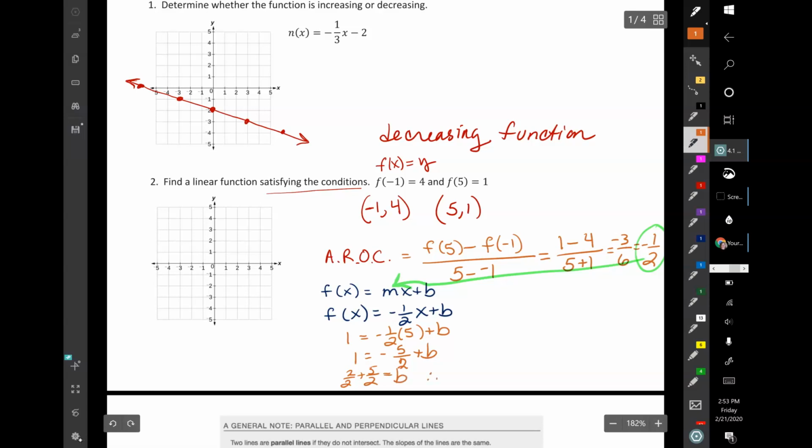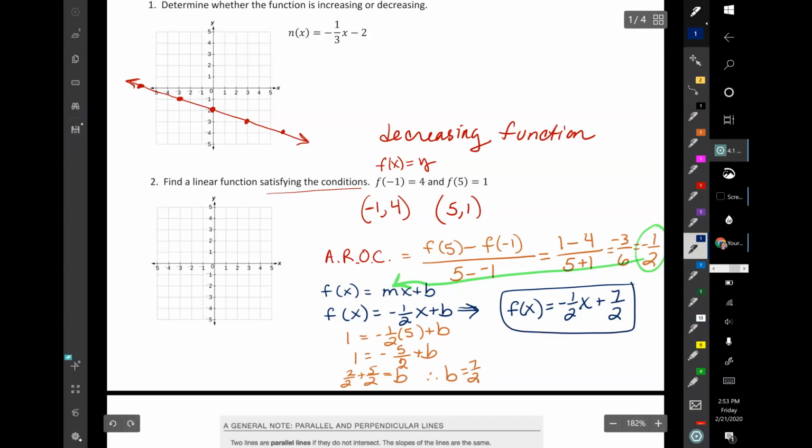So therefore b is equal to 7/2. Now I can write that function out as f of x. I'm just kind of taking this one here and filling in b. f of x equals -1/2 x plus 7/2. And that is my linear function.